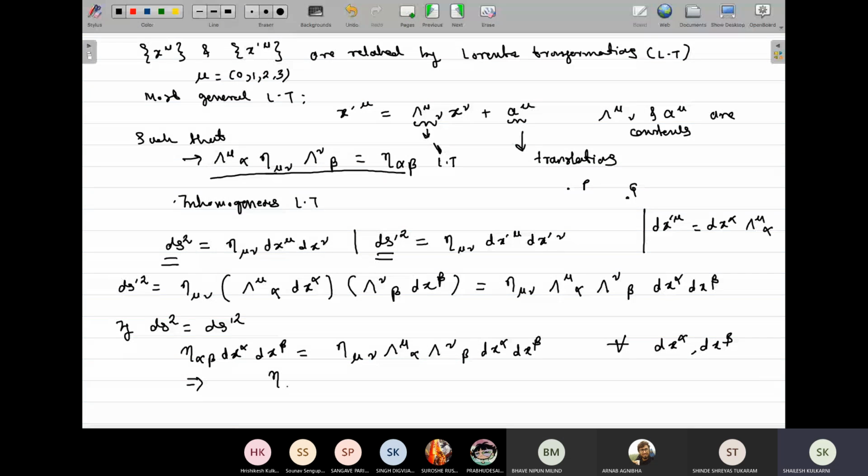It means eta alpha beta equals eta mu nu lambda mu alpha lambda nu beta. Is it clear why this condition is required? So the Lorentz transformations are defined as linear transformations in 3+1 dimensional Minkowski spacetime, satisfying this criteria.